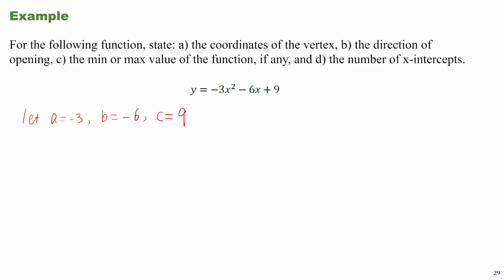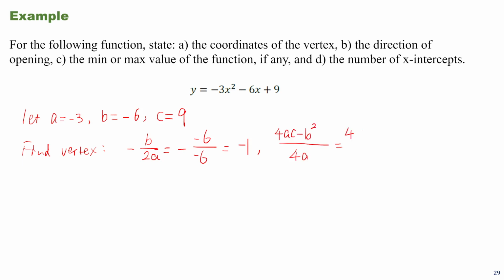So we know the x coordinate of the vertex is negative b over 2a, which is negative 6 over -6, therefore we have -1. And the y coordinate is this expression, right? Just insert all the values here: 4 times -3 times 9, minus b squared, over 4a.